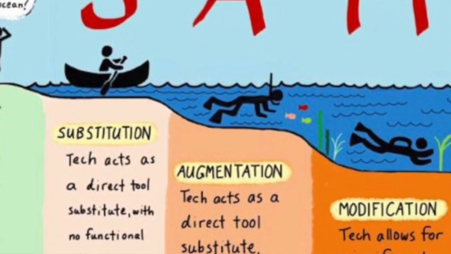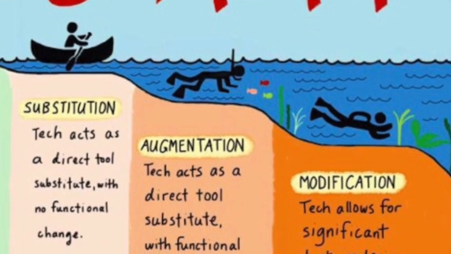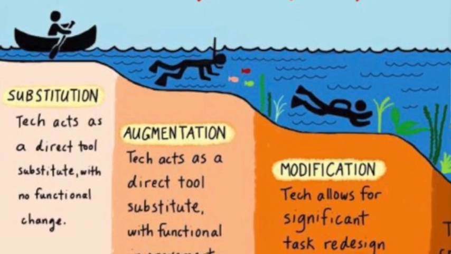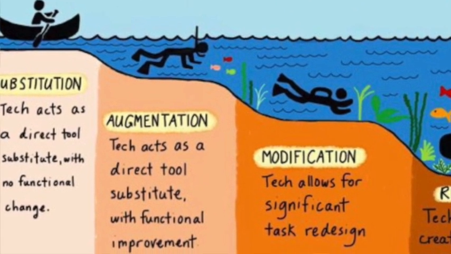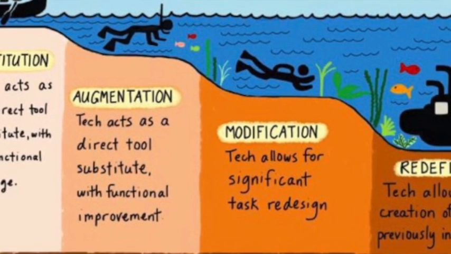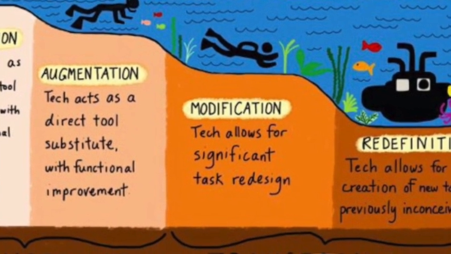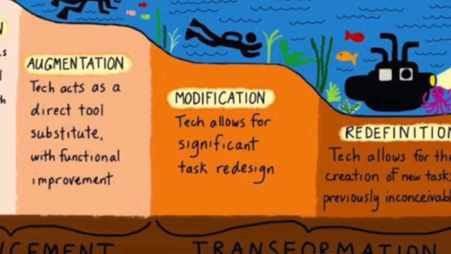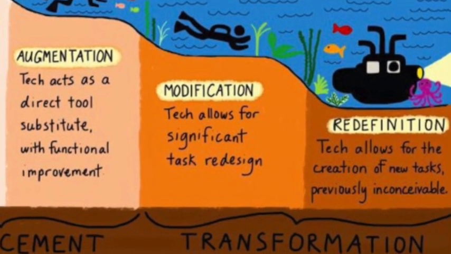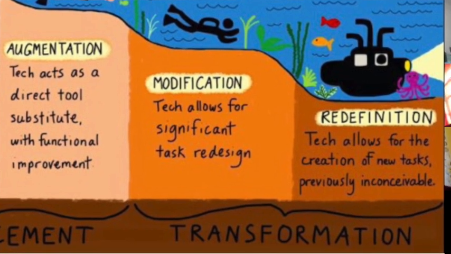Augmentation is where the tech acts as a direct substitute with some functional improvement. Modification is what we're going to do today, where the tech allows for significant task redesign. And finally, what we'll do next week is redefinition, where tech allows for the creation of new tasks previously inconceivable.